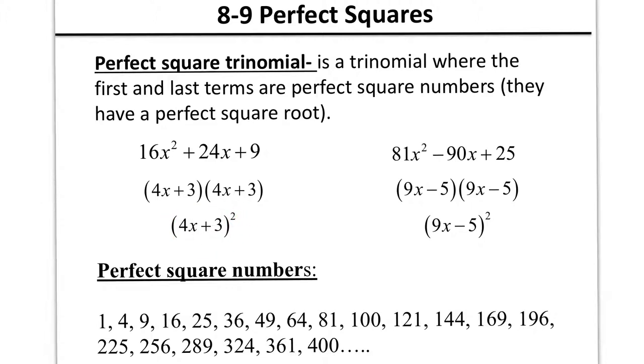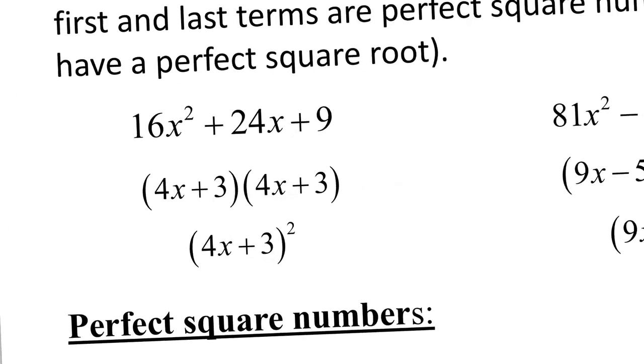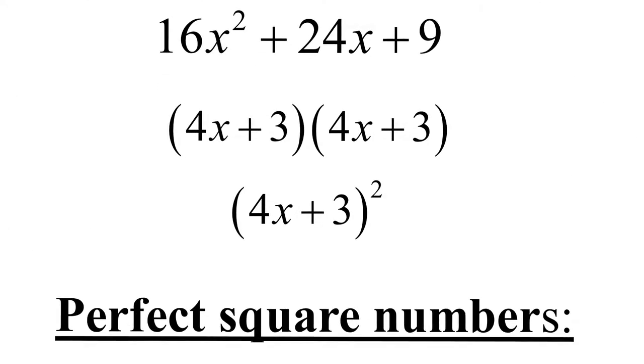Now, if you're wondering what happens to the middle term, well, let me show you guys that when you distribute, when you actually multiply, we know that 4x times 4x, that's going to give us 16x squared. We know that 3 times 3, that's going to give us 9. But when you multiply these two terms, 3 times 4x, that's going to be 12x. And when you multiply these two terms over here, 4x times 3, that's going to be 12x again.